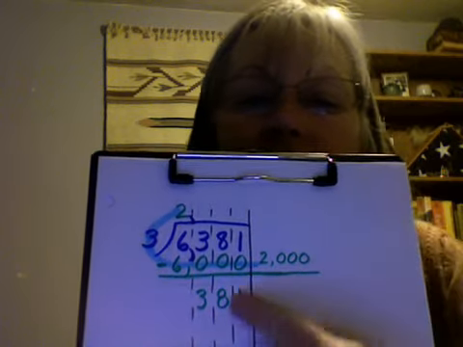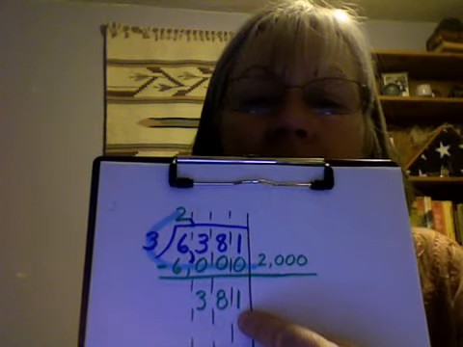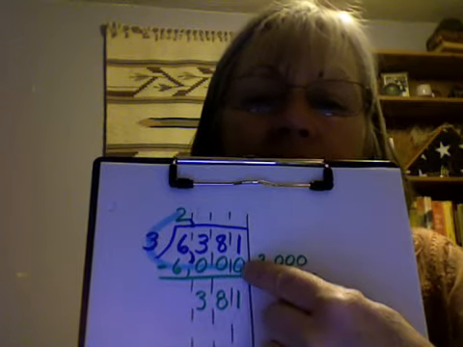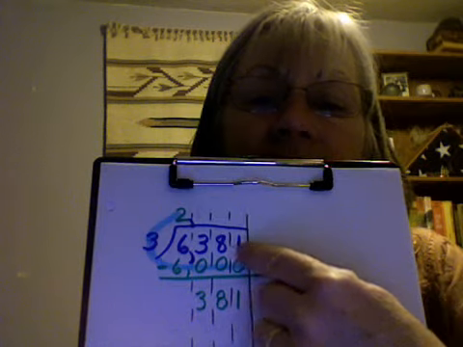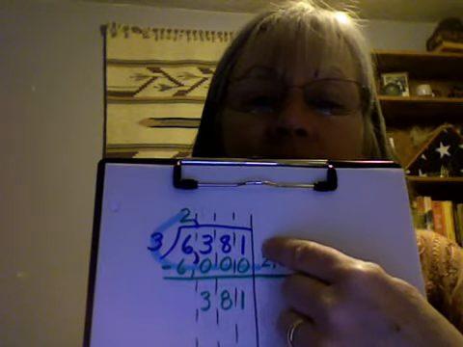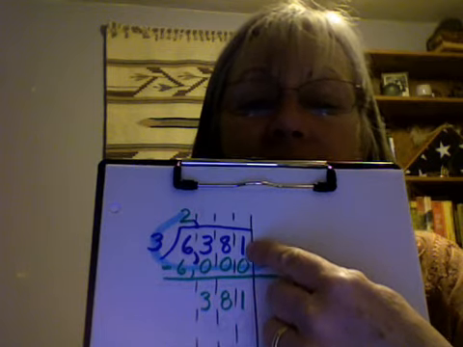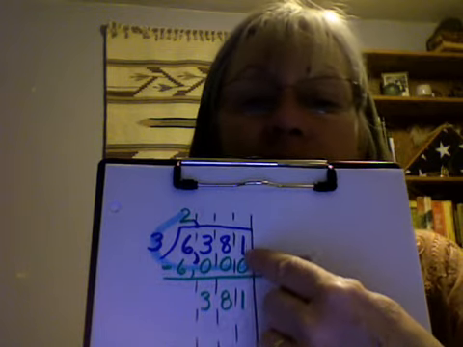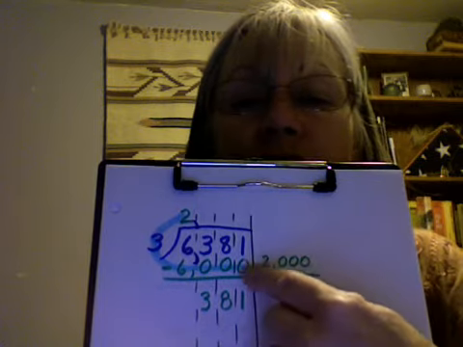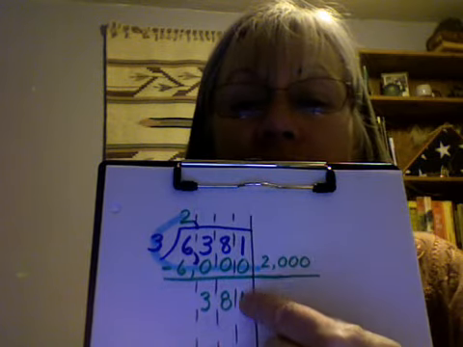Now, the next thing you'll notice is a 381, because I subtracted the 6,000 from 6,381. Since we've already done the division in the thousands place, we don't have to think about it anymore. Division is repeated subtraction. We just did 2,000 subtractions all at once.